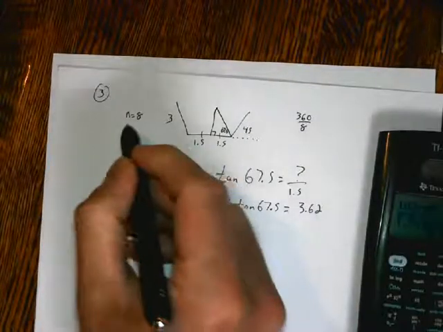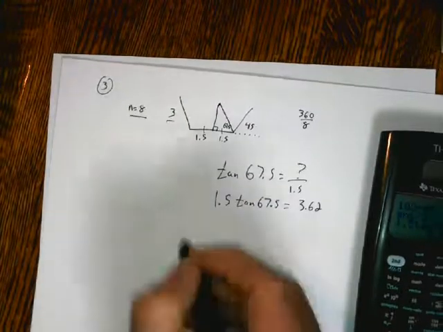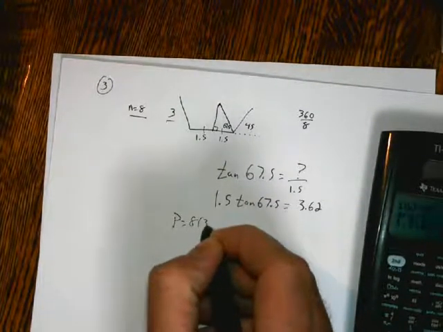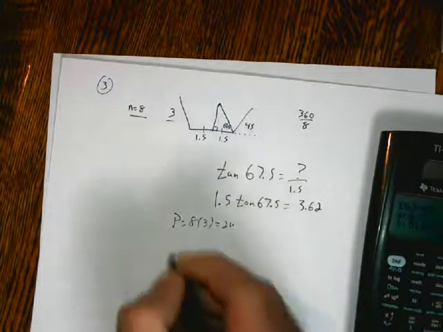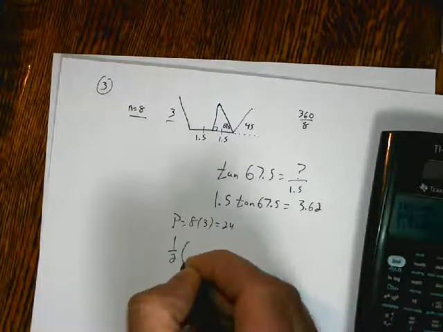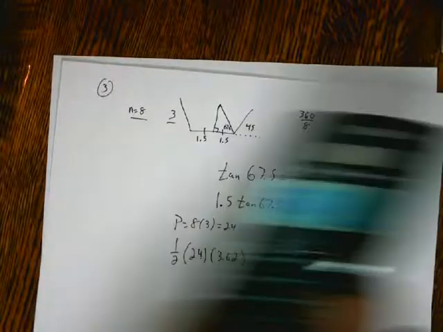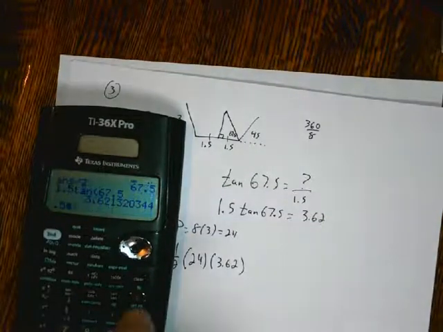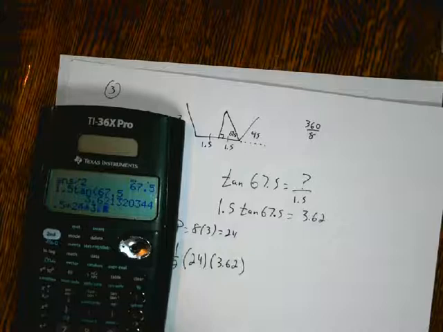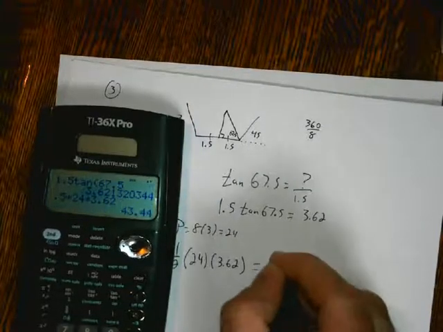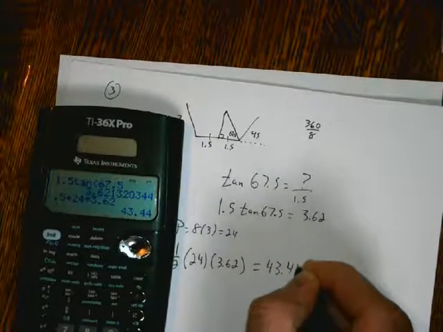We have 8 sides of 3, so that means our perimeter is 8 times 3, 24. So 1/2 our perimeter times the apothem, 0.5 times 24 times 3.62, 43.44 something squared.